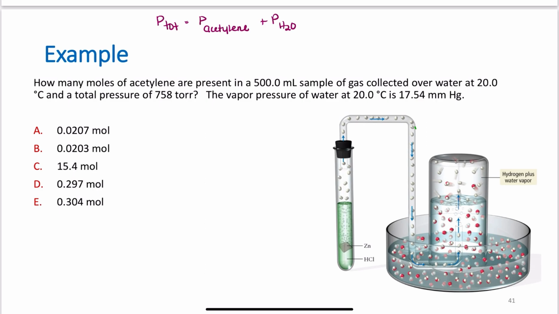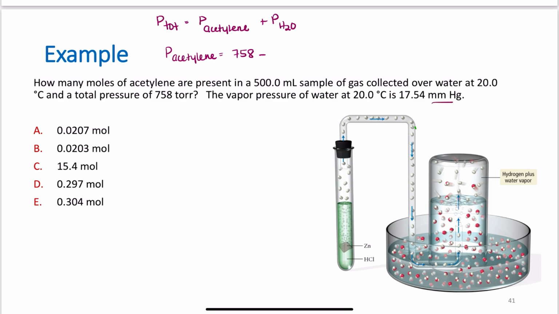So the pressure of acetylene is going to be equal to, hold on, total pressure is 758. So 758 minus that vapor pressure of water.